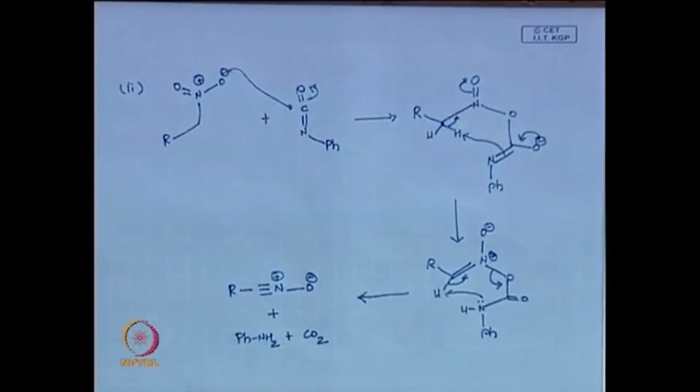One, you can take your aldehyde with hydroxylamine and create your nitrile oxide, or in another way you can take your nitro compound with phenyl isocyanate and end up with your nitrile oxide. So, there are two methods by which you can synthesize them. Any doubt with this?